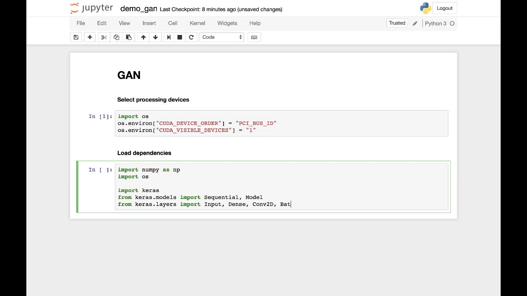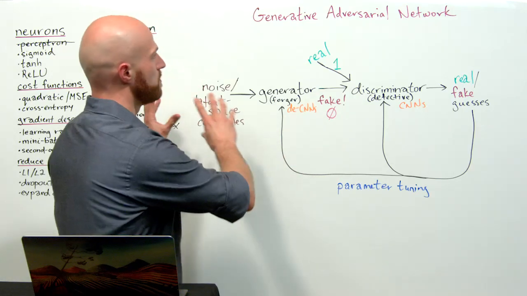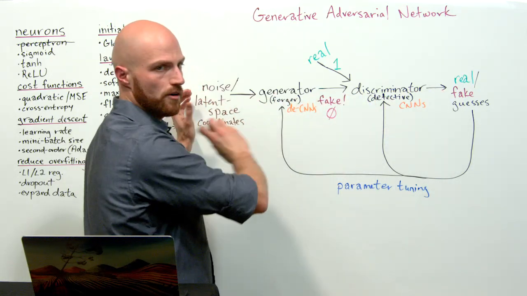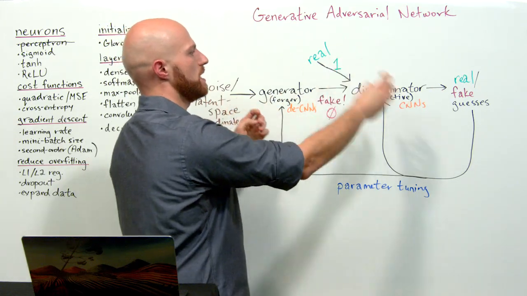We're also going to use batch normalization. Batch normalization allows us to keep the mean and the variance of the output of each of our layers stable, which is important because we're going to be building such a deep adversarial network here with the generator feeding into the discriminator.